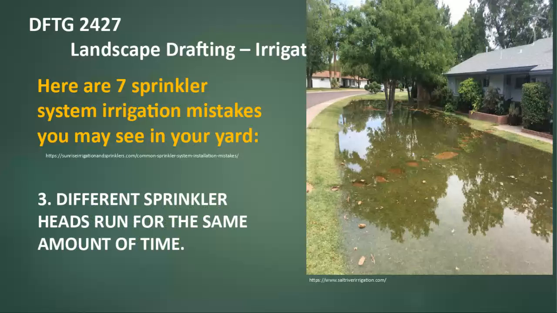Different heads run for the same amount of time, causing flooding. So if your lawn area in the front needs 5 minutes of water twice a week, and the back needs say 10 minutes of water twice a week, and you have them on the same zone, you're going to have an issue in one area that doesn't need as much.